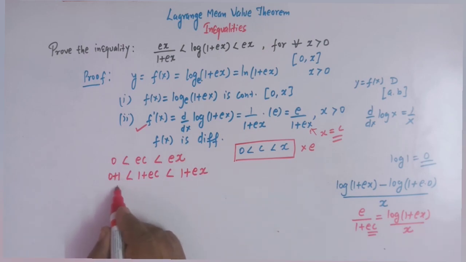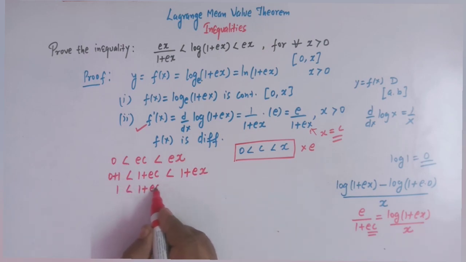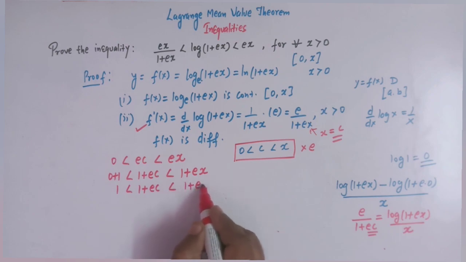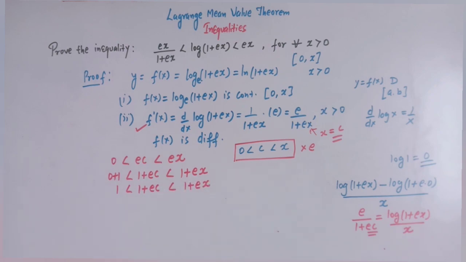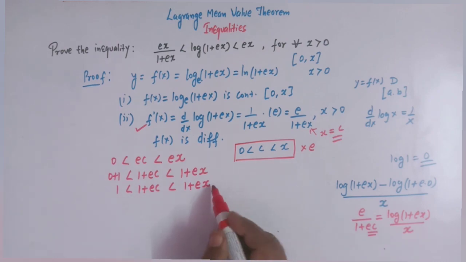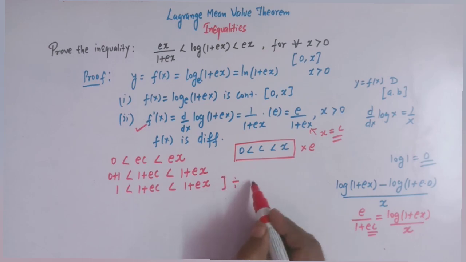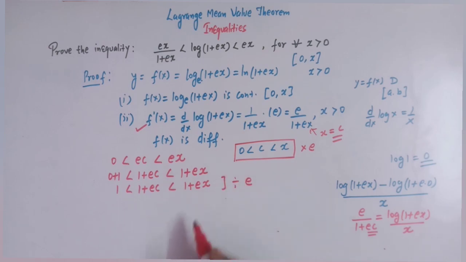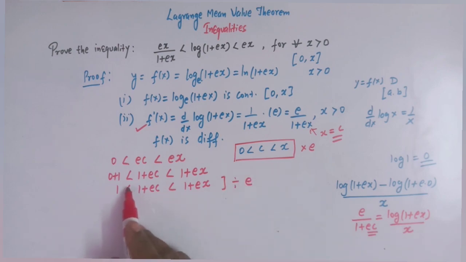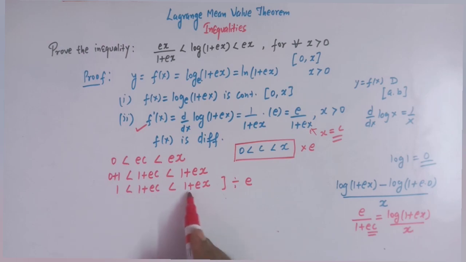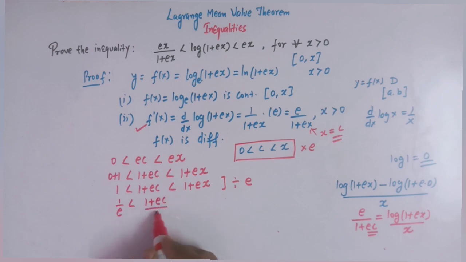So this is 0 plus 1 is 1, here we have 1 plus ec, and here we have 1 plus ex, right? Okay, so now what we will do, we'll divide this inequality throughout by e, and again e is the positive number, so there will be no effect on the direction of the inequalities. So we have 1 over e, then here we have 1 plus ec over e, here we have 1 plus ex over e, right?